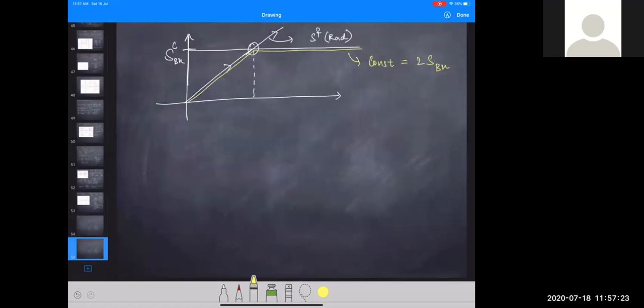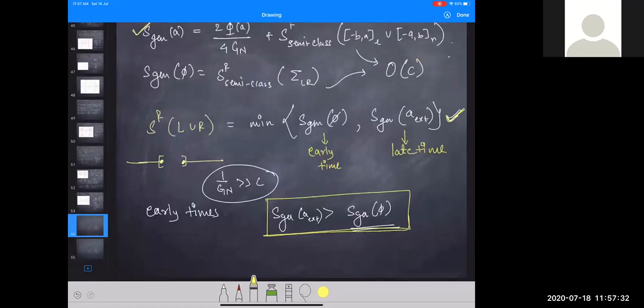Yeah, so my question was about a physical intuition for the relative growths of phi and A extremal, but I think you just showed it in the next slide, that you should identify the first part of the S gen phi with the growing part.